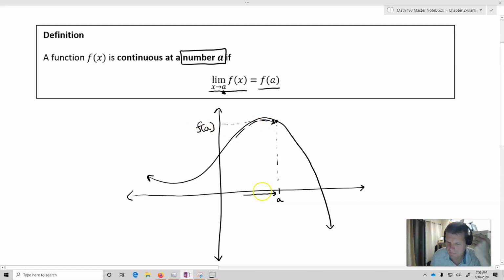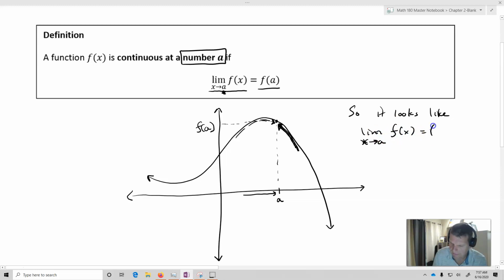I approach f of a. Coming in from the left side, I approach f of a. Coming in from the right side, I'm also approaching f of a. So it looks like the limit as x approaches a of f of x equals f of a. Great.